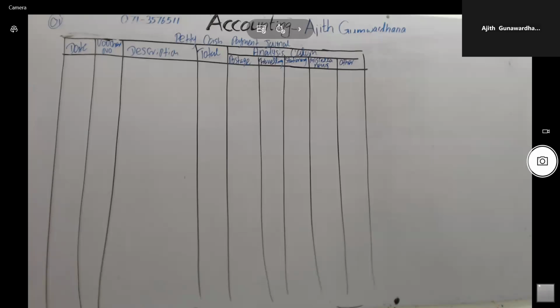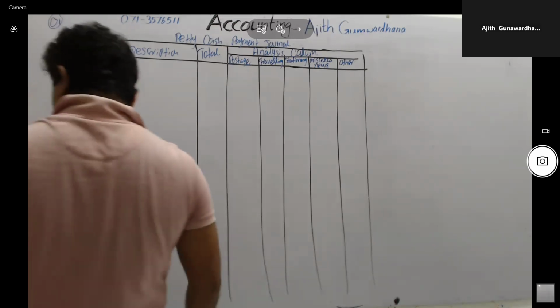The opening balance will be recorded in the petty cash control account. And the second transaction, cash received from the chief cashier, also should be recorded in the petty cash control account.